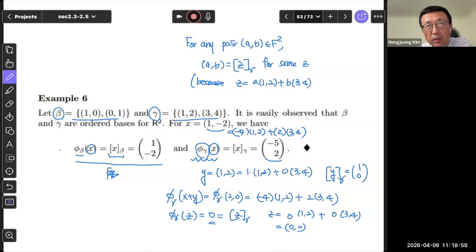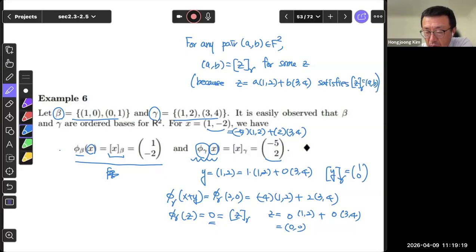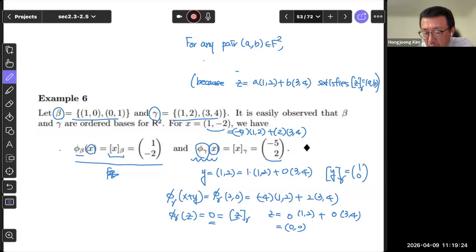And if I call this guy z, this one. So that means the mapping is onto.